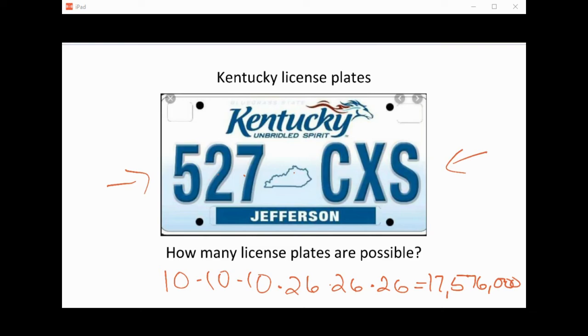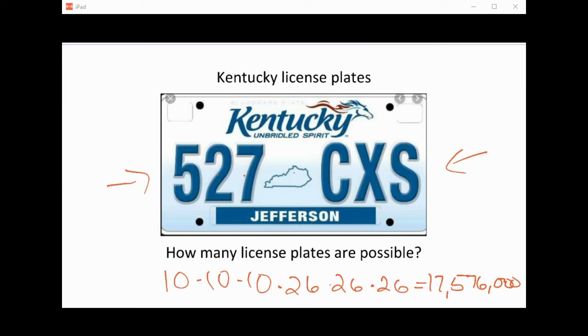Let's just pretend like they use O. I thought there was 27. Oh gosh. The other day I couldn't even think of what 12 squared was. My brain has turned to mush. Anyway, so if they used O, there would be 17,576,000 different possible combinations for Kentucky license plates.